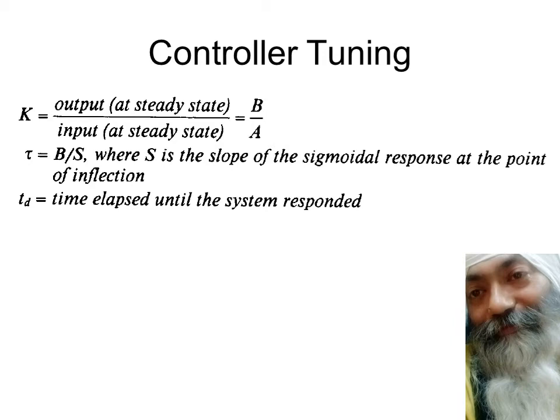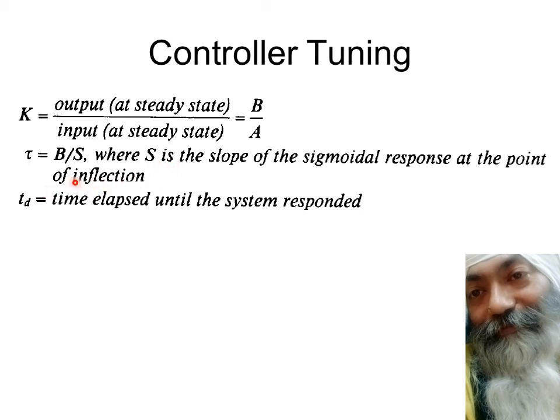So once again, as stated, the gain k is given by b upon a. You all know b is the new steady state value, a is the magnitude of the step input which was given, and this tau is determined from b upon S, where S is the slope of the sigmoidal curve at the point of inflection.